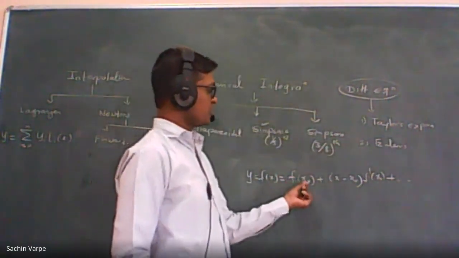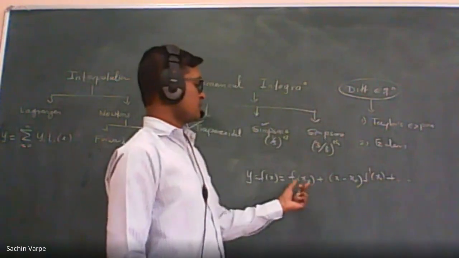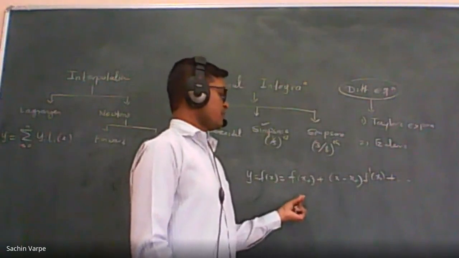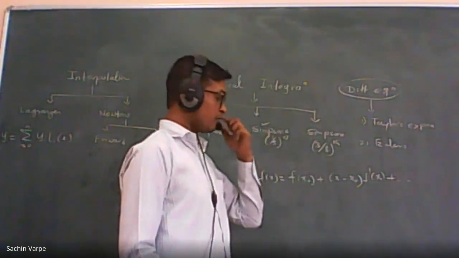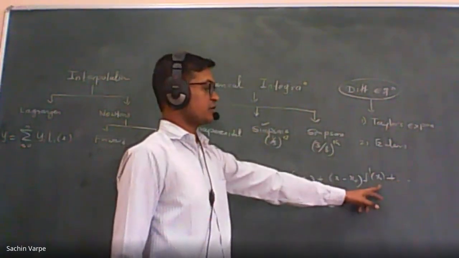So evaluated with the help of initial conditions, we can get the value of the function at the initial point x naught, that is f of x naught, that is y naught, which will be given. Then with the help of y naught and x naught, we can get the derivative of the function at x naught, that is y naught dash, and so on.